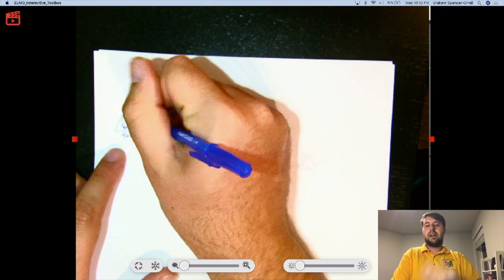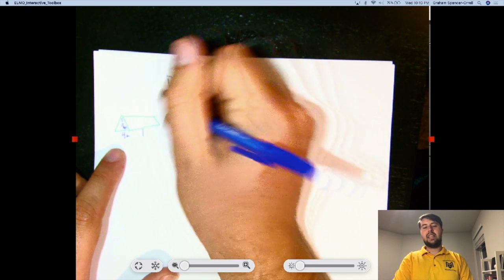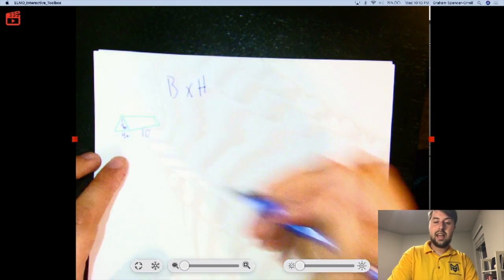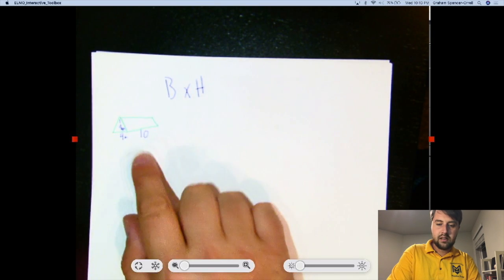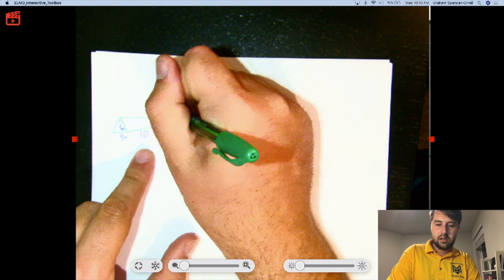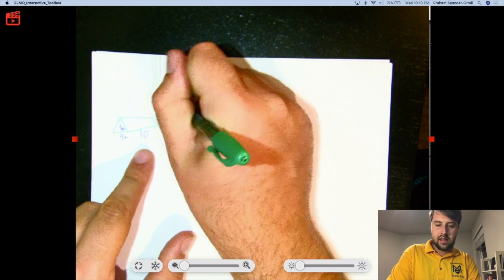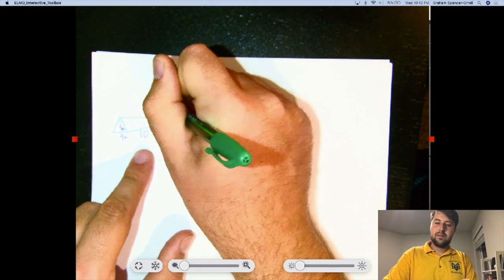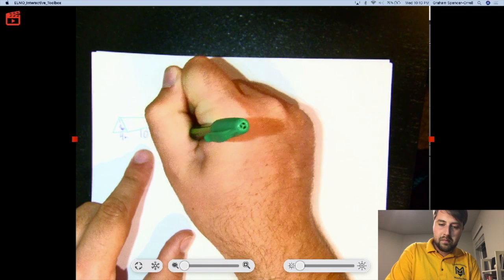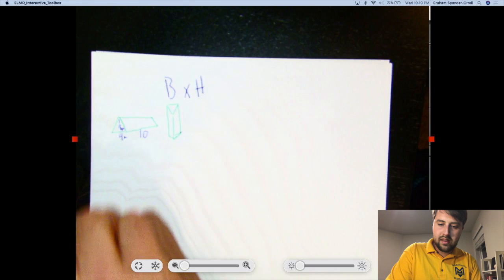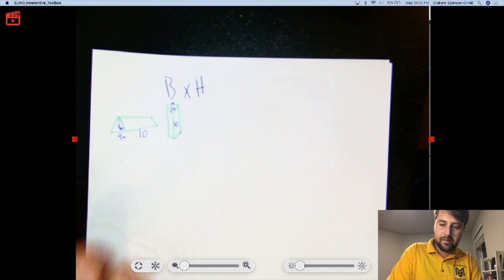Now, remember how we said it's the height even though it looks like it's laying down? That's because you could easily turn this on its end, and then you'd have the same triangle. You'd have a measurement there of 6, this one of 4, and then the height of 10.